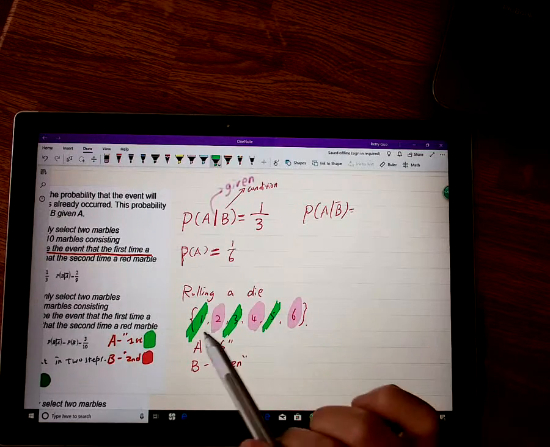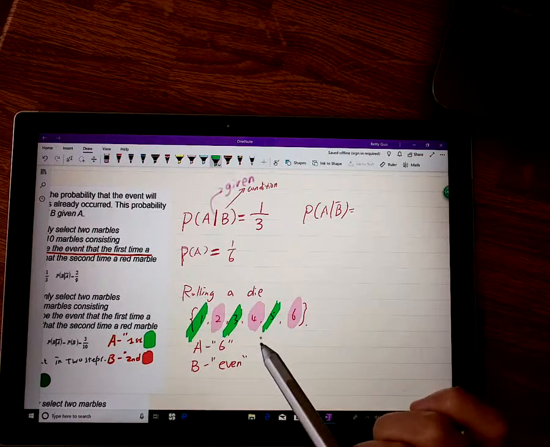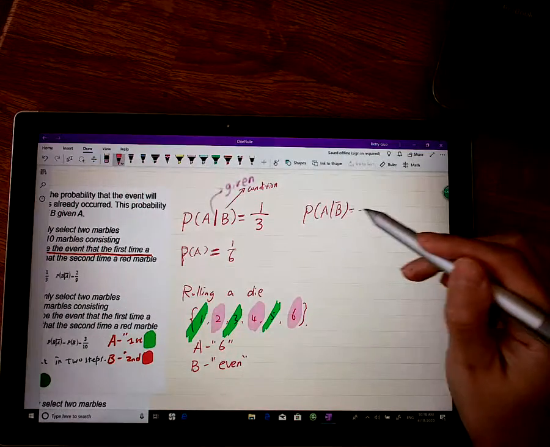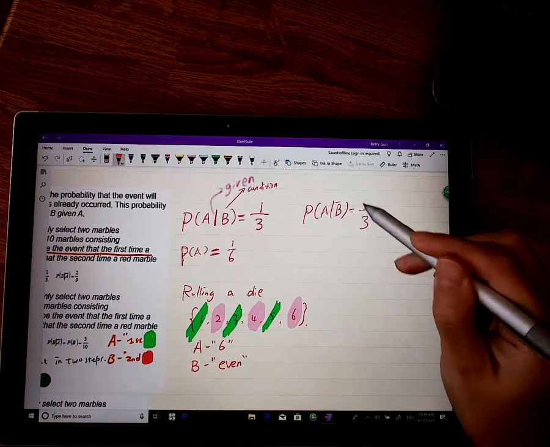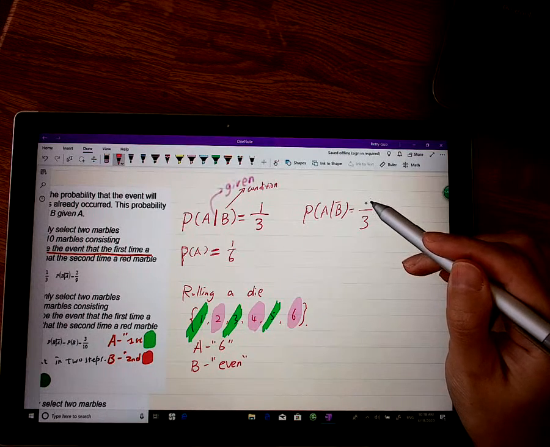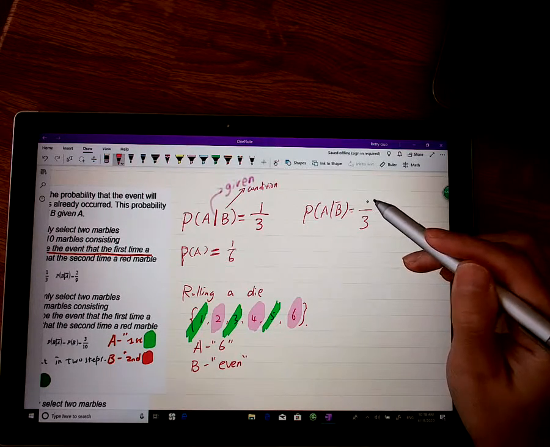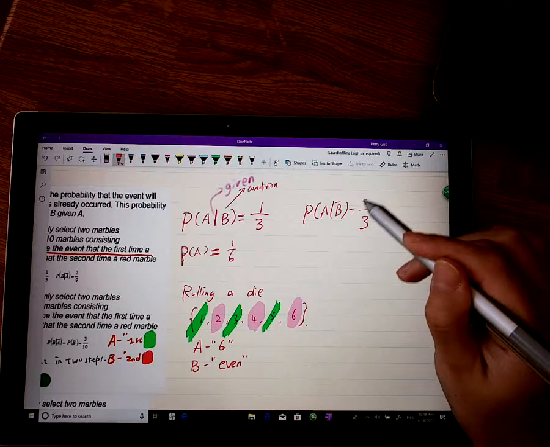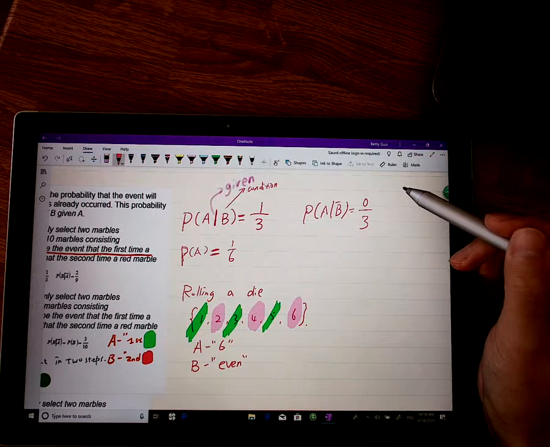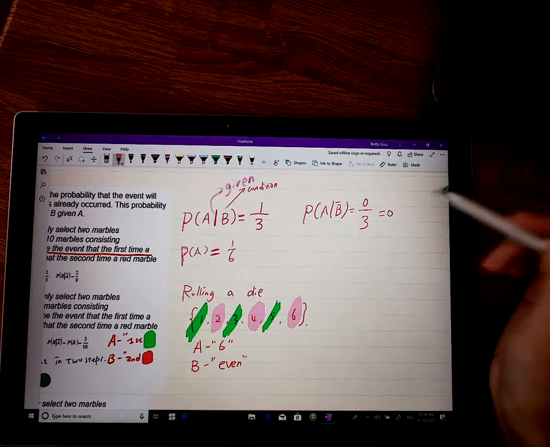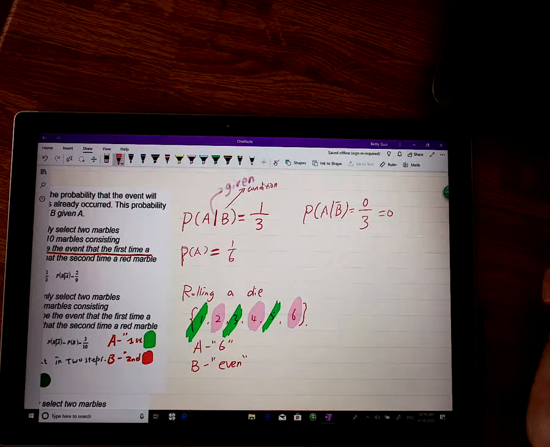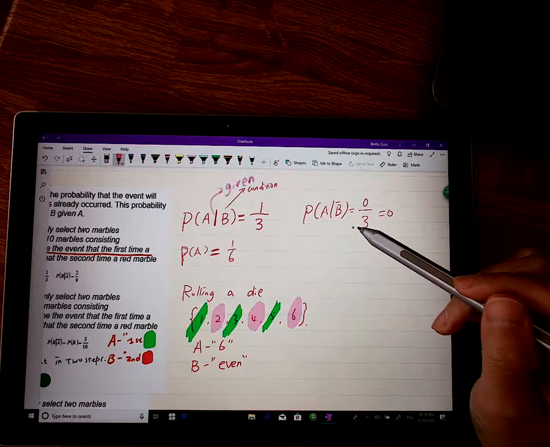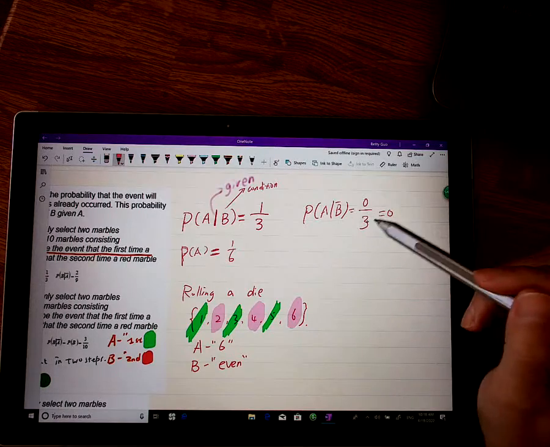Then of course you wouldn't consider 2, 4, 6, right? Under the condition that you got an odd number, what's the probability of you getting a number 6? Is that even possible? Among the 3 odd numbers, 1, 3, 5, none of them favor you getting a number 6, right? So that is 0. Maybe this would help you understand better what conditional probability is.